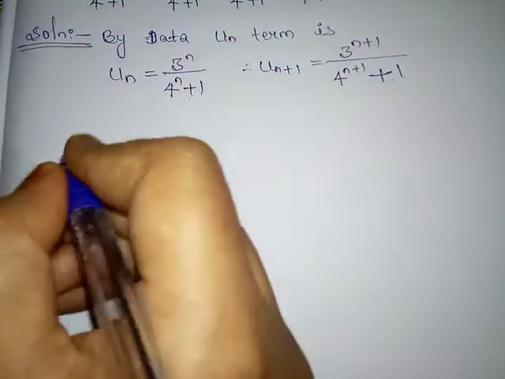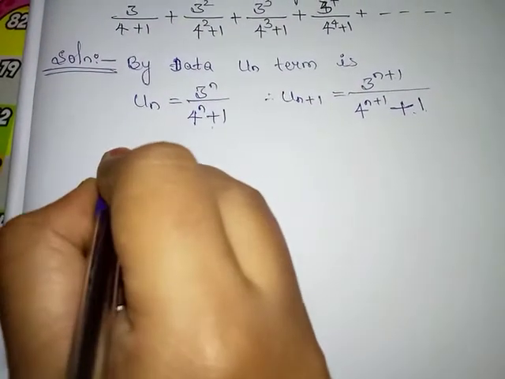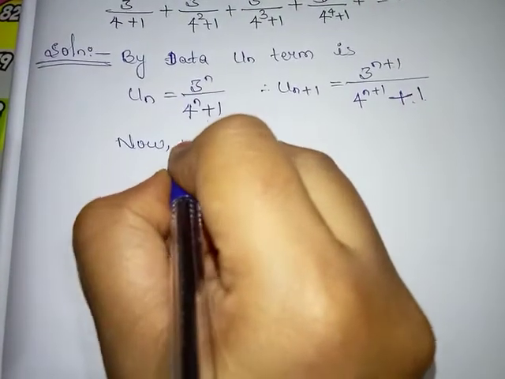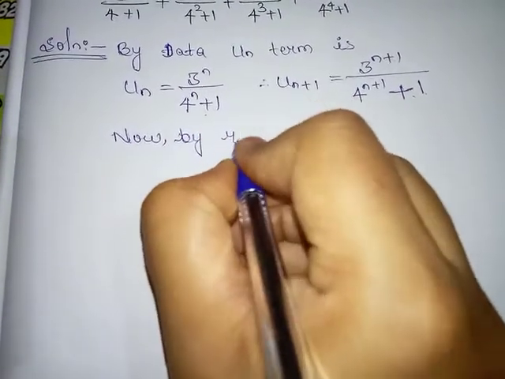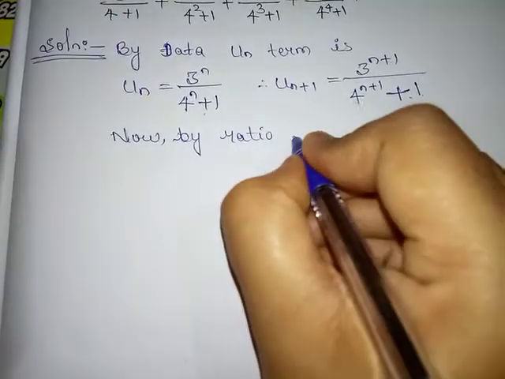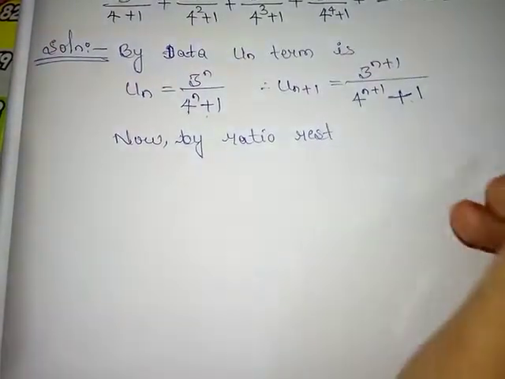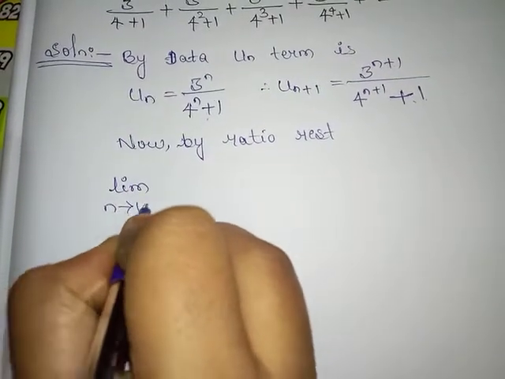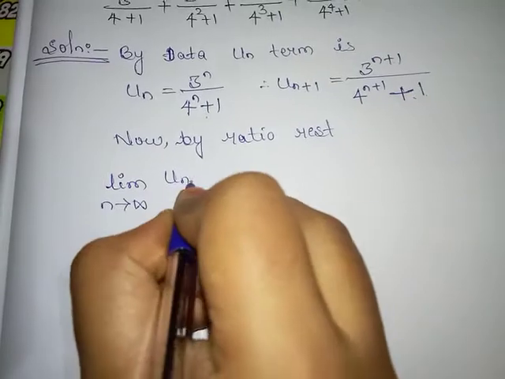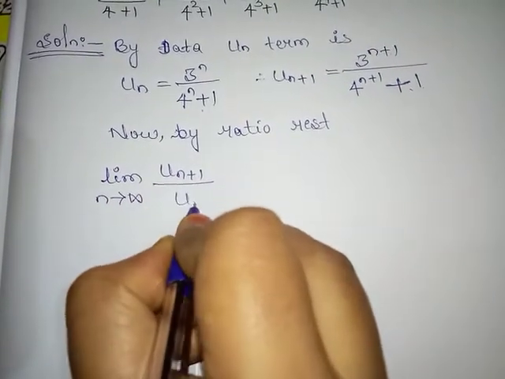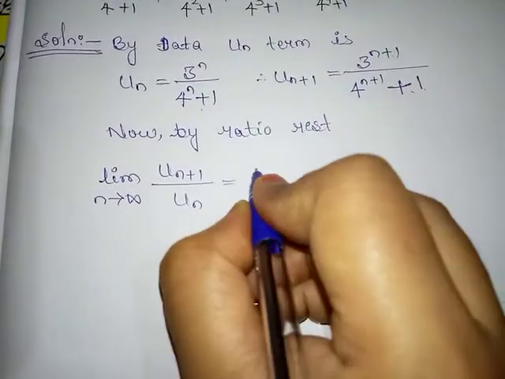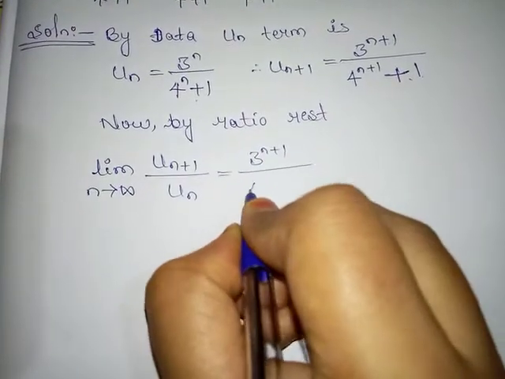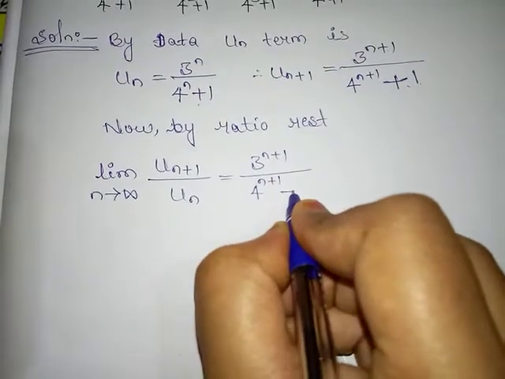Now by D'Alembert's ratio test, limit n tends to infinity u(n+1) divided by u(n) is equal to, u(n+1) is 3 raised to n plus 1 divided by 4 raised to n plus 1 plus 1.